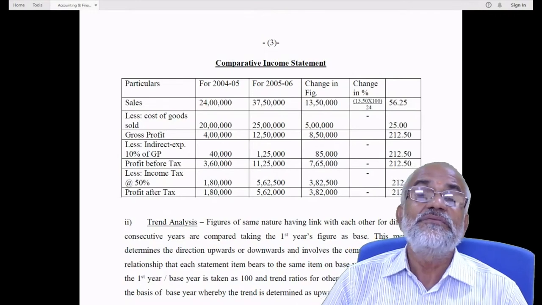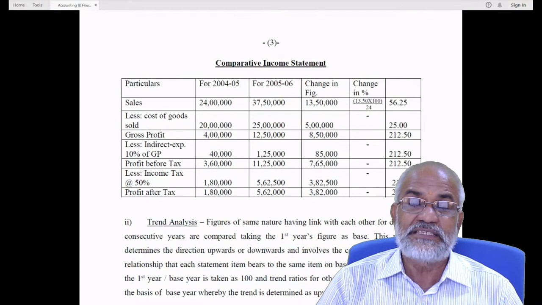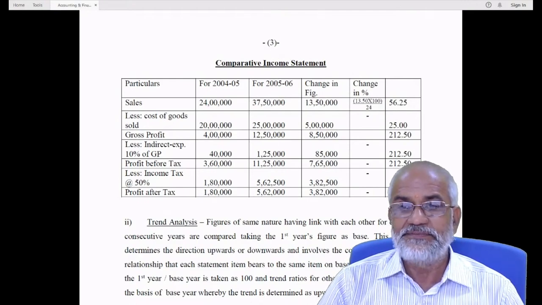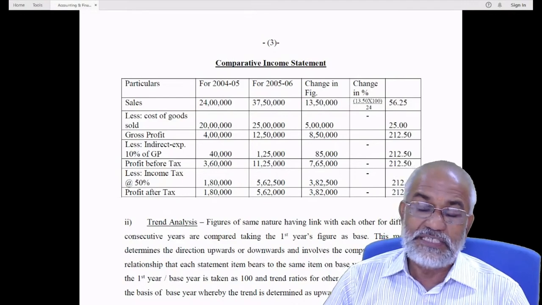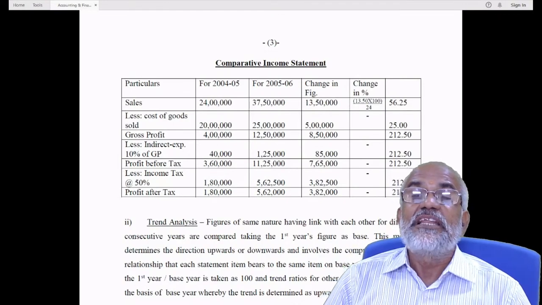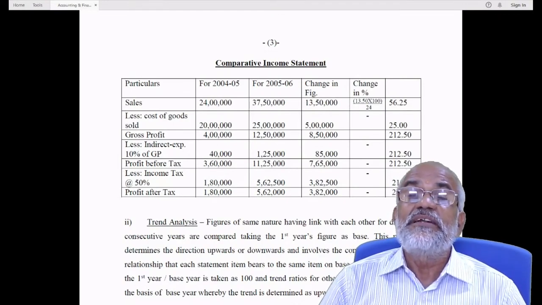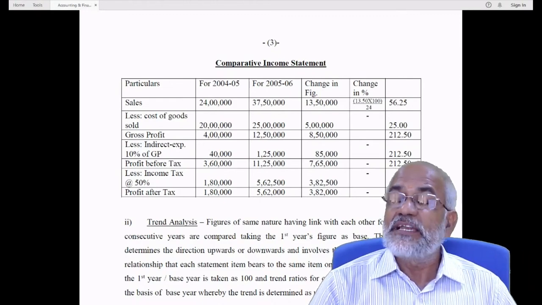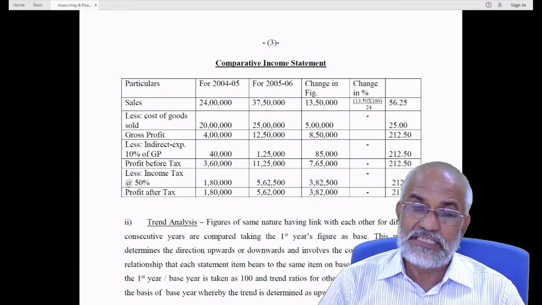That is a positive increase in the figures of sales from the first year to the second year. When it is put as a percentage of change, then it will be 56.25% because 13 lakhs 50,000 divided by 24 lakhs into 100, the percentage is calculated like that.